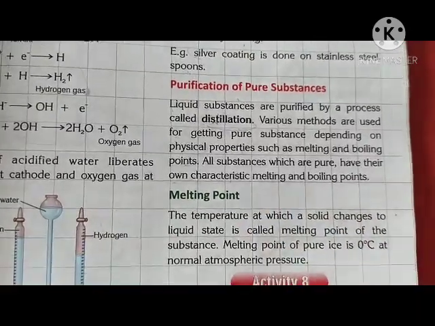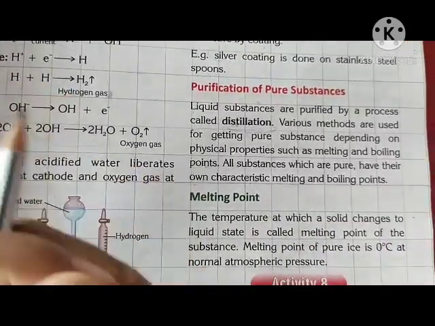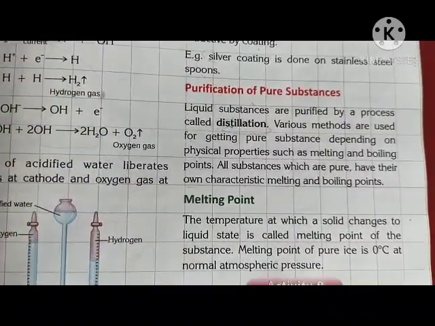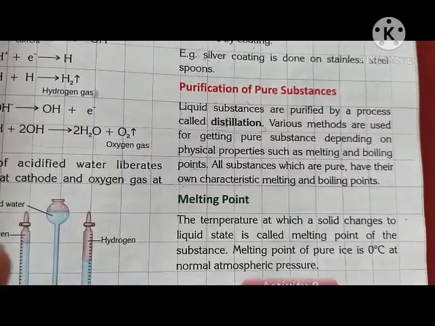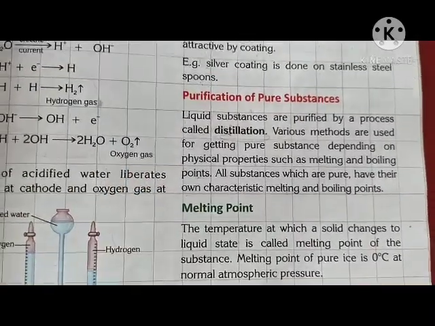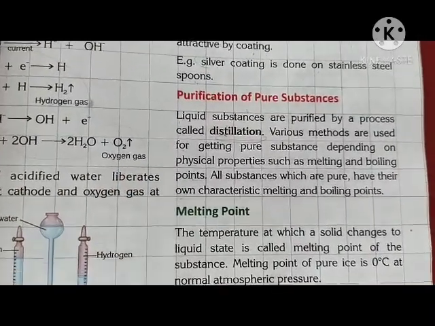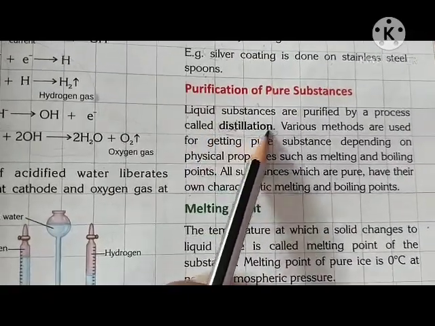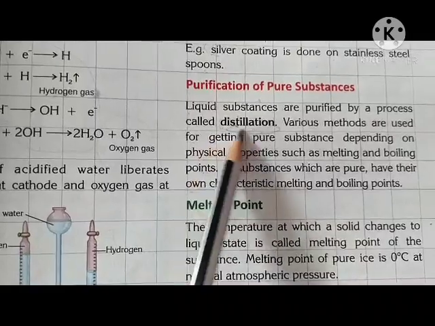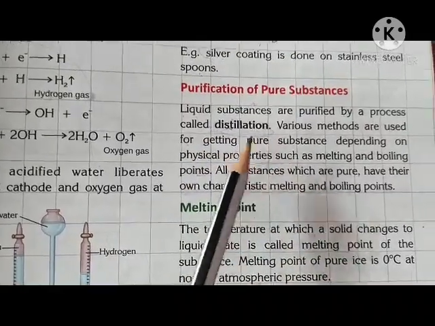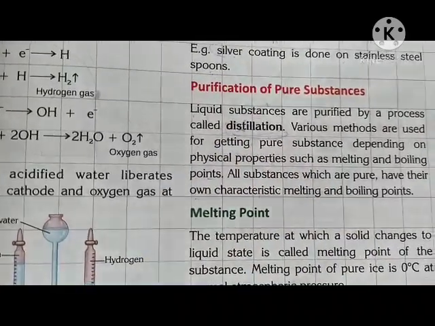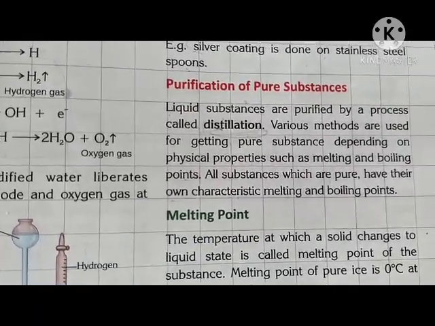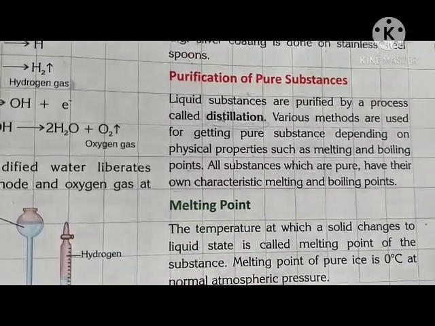See students, sometimes you have a solution in which two or more chemicals are involved. One chemical has one melting or boiling point, the second has another. So you can purify both of them by the process of distillation. Distillation is the process in which you can separate one solution from another.